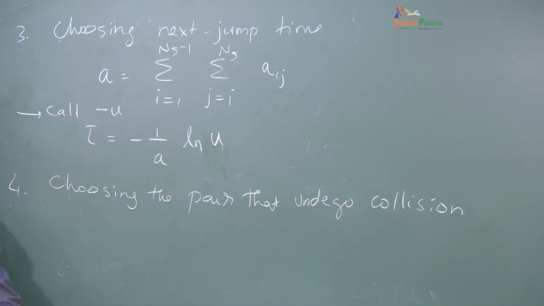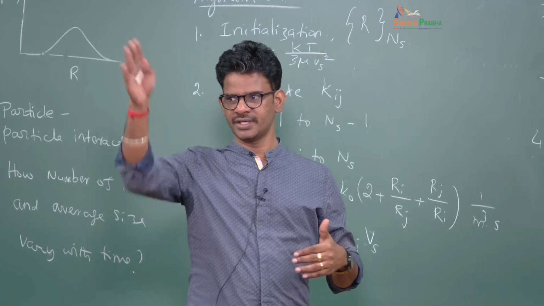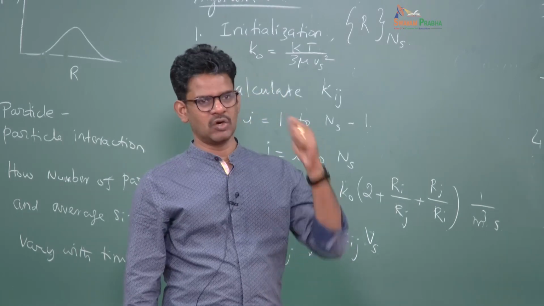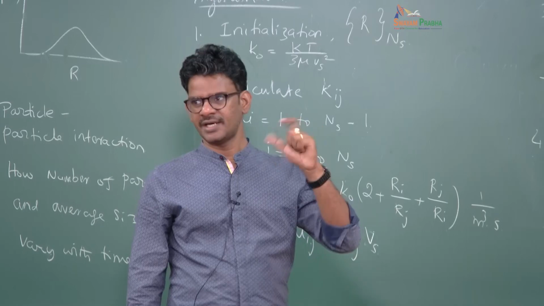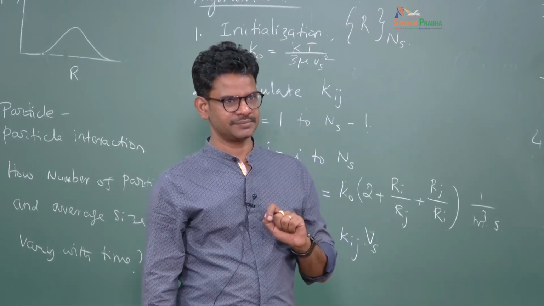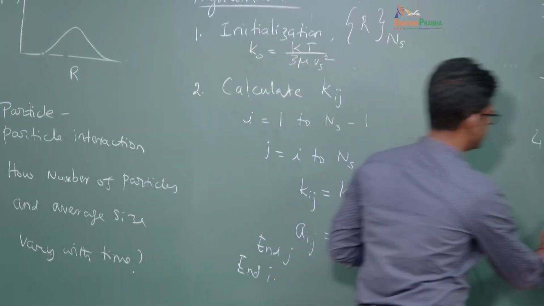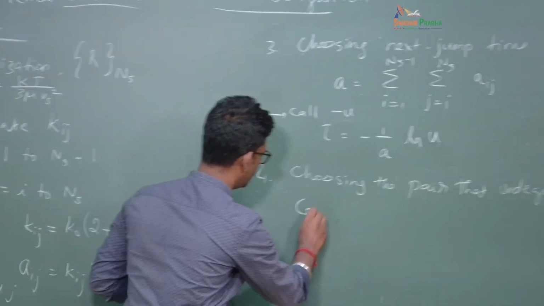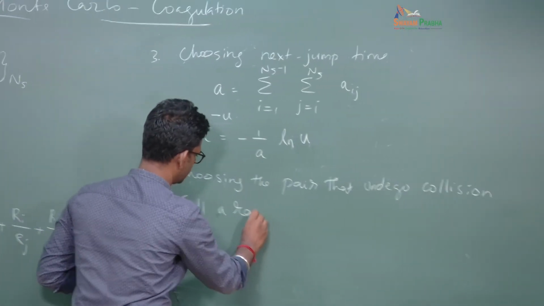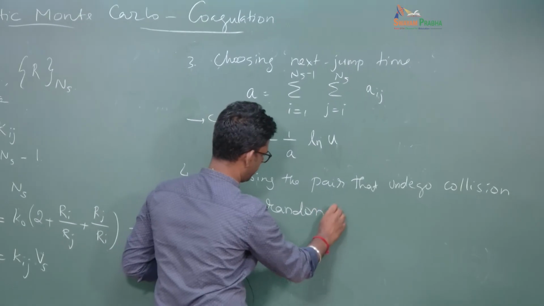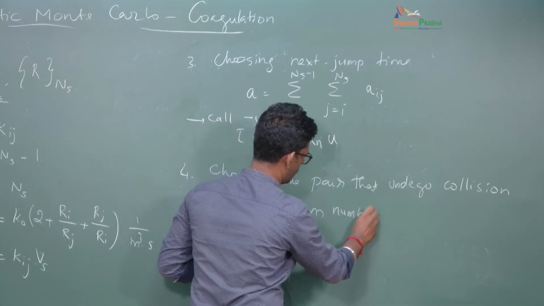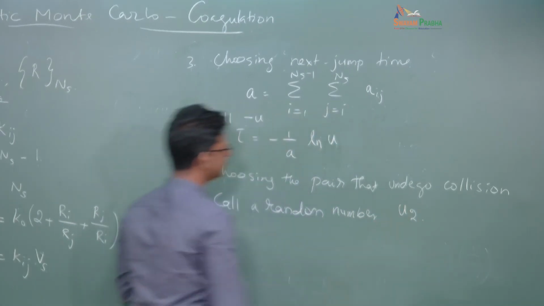We are going to construct a cumulative probability distribution for all the pairs 1 2, 1 3, 1 4 all the way, and then call a random number and see where this random number lies in the cumulative distribution. Okay, so essentially what we are saying is call a random number u2.